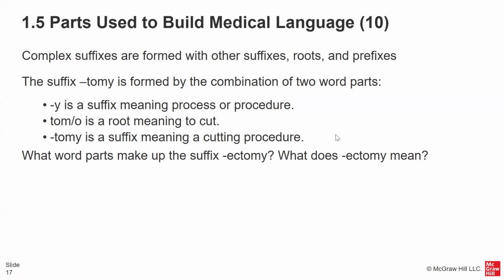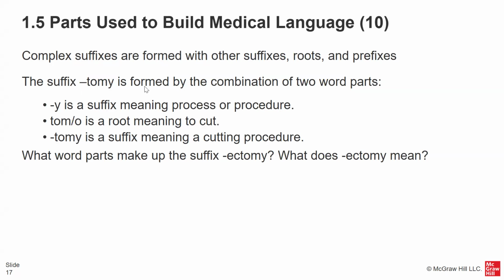So suffixes tell us what we are going to do to that body part, or that it's pertaining to the body part. Okay, and suffixes are fun. They can tell us a lot, as you'll see on pages 12, 13, and 14 in your textbook.